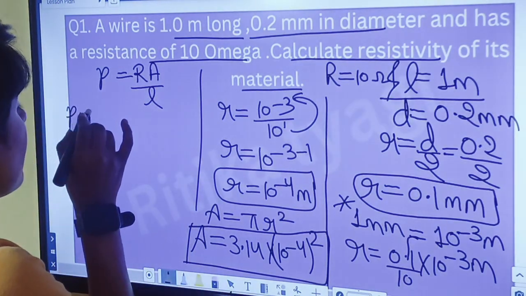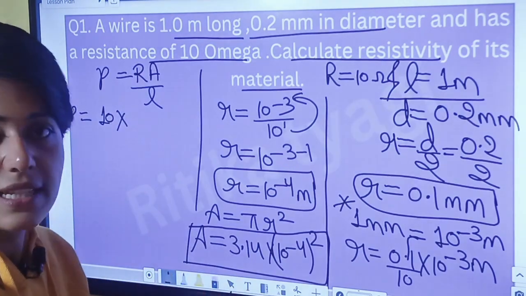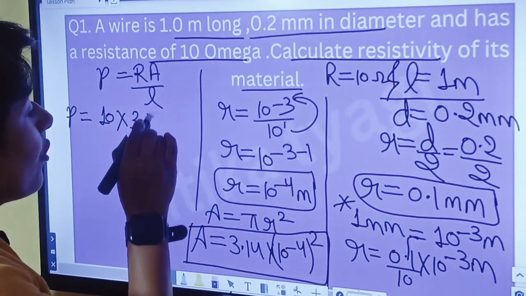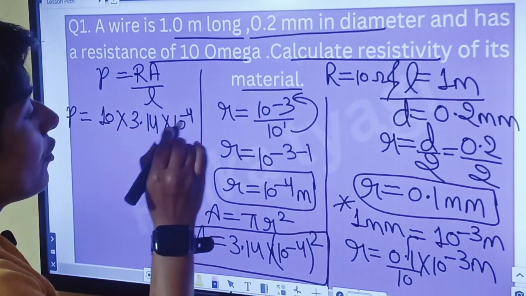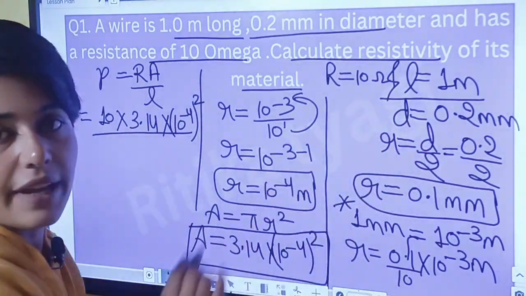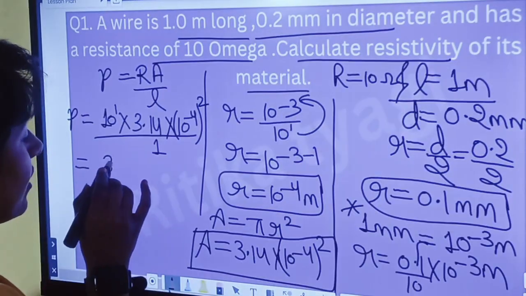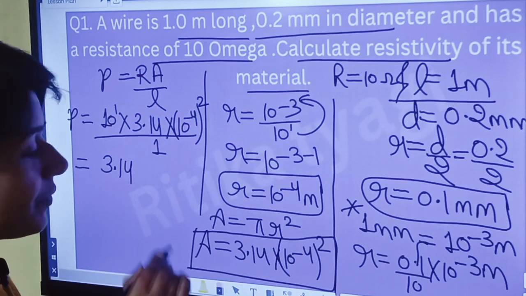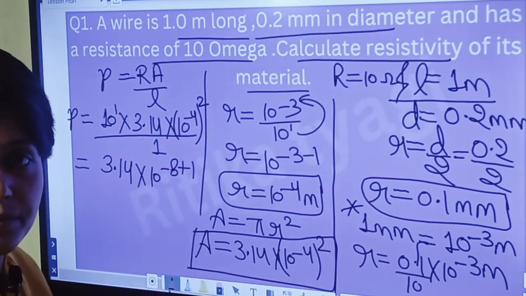Then value of R is 10. Value of A is 3.14 multiplying 10 to the power negative 4 square. Value of L is 1. Then here we get 3.14 multiplying 10 to the power negative 8 and positive 1.